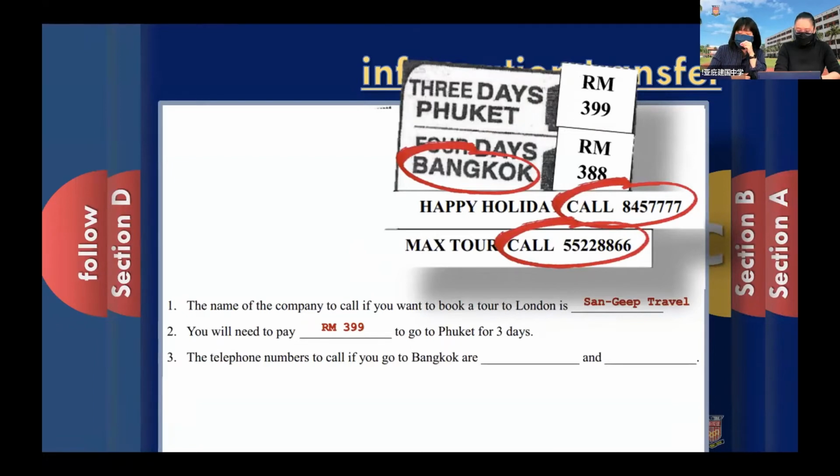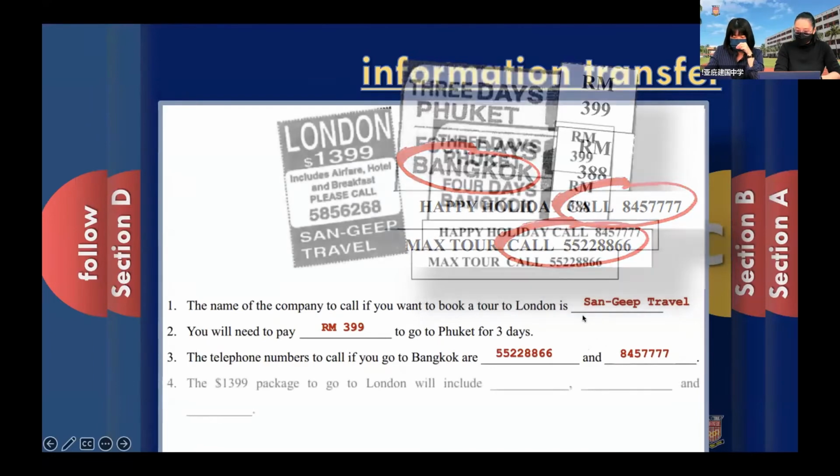Yeah, so we have two numbers that you can always contact if you want to go for a trip in Bangkok. Yes, we must write two numbers so that you can get full marks for this question. Okay, it's okay if you interchange the position. Either 845777 is in front or is the second answer. I totally accept it. Okay, very good.